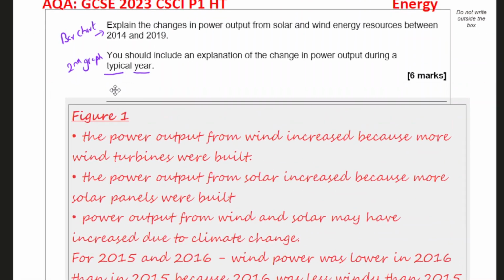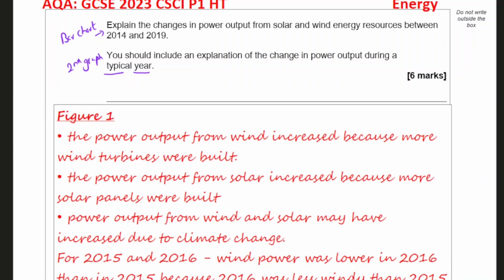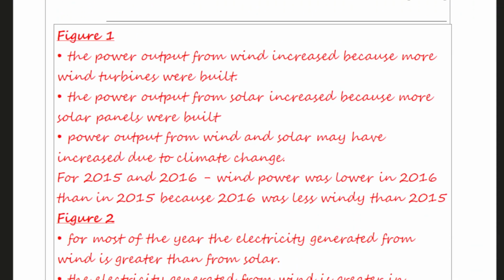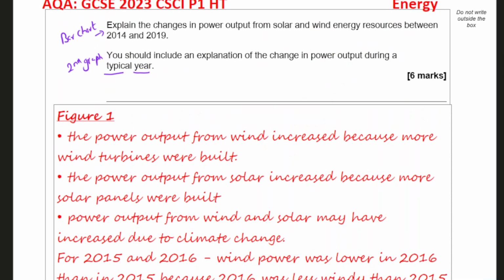And the marking scheme is actually splitting the answer into two sections. So if we look at figure 1, the power output from wind increased. And because the question is asking you to explain the changes, you need to give a plausible reason for it. The power output from wind increased because more wind turbines were built. The power output from solar increased because more solar panels were installed. So you can write that as one sentence, right?